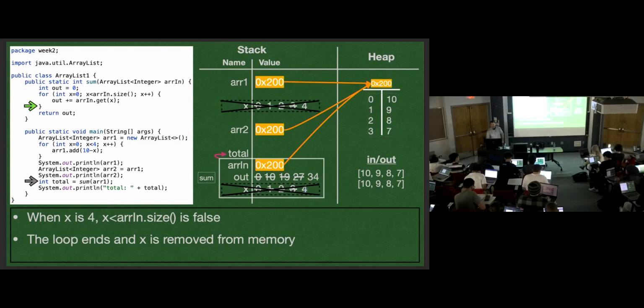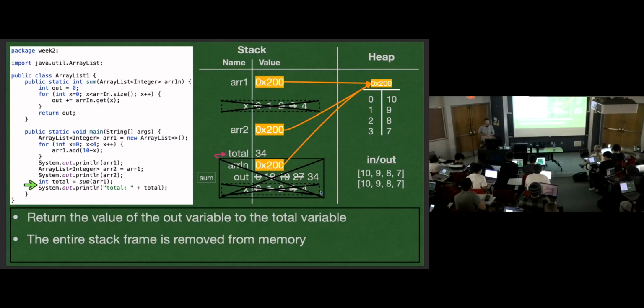X actually does get to 4, but never gets an index out of bounds error at 4, so we do less than 4 for our variable. Size is 4. There's 4 elements. Update our out, and then return out.